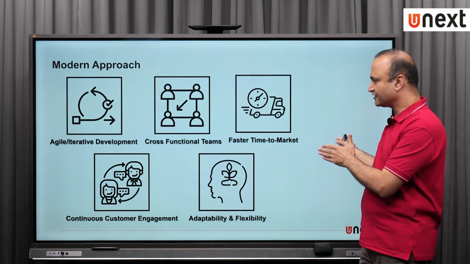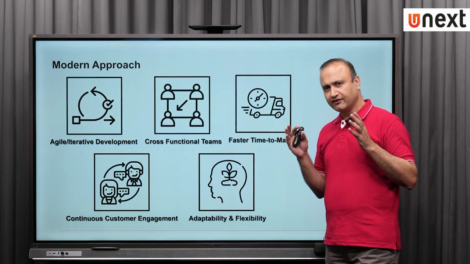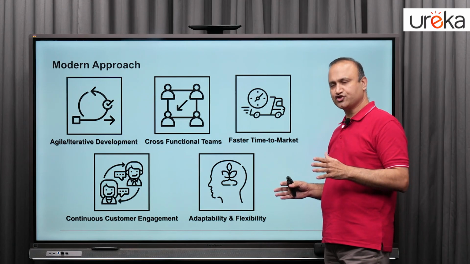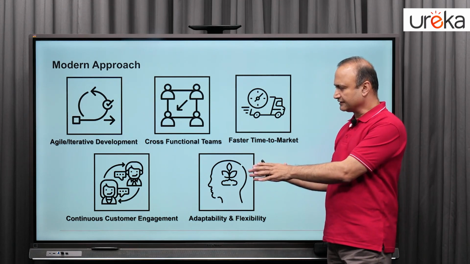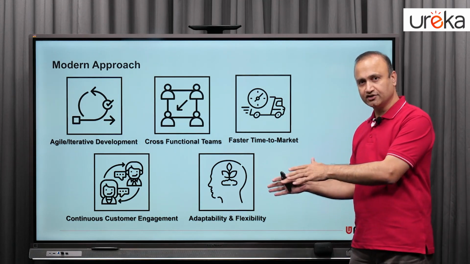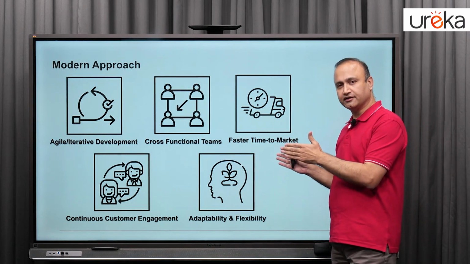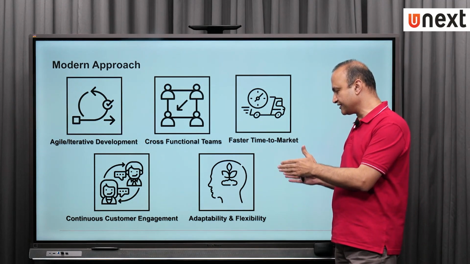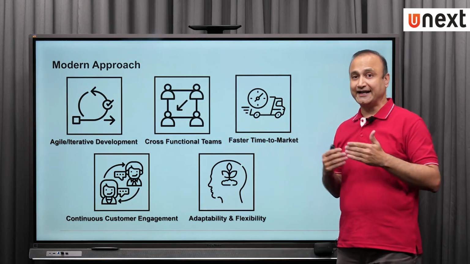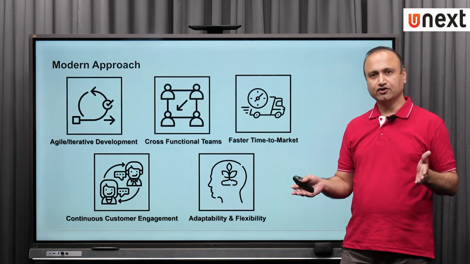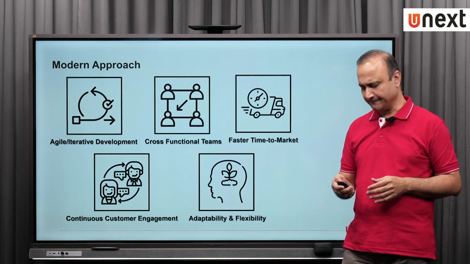It allows for faster time to market. The real beneficiaries of the modern approach are the customers because there's a continuous customer engagement through the iterative process. And the organization benefits because there is ability to adapt and stay flexible to the changing requirements of the market.